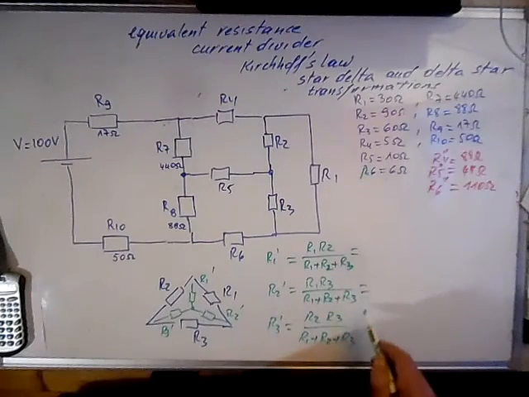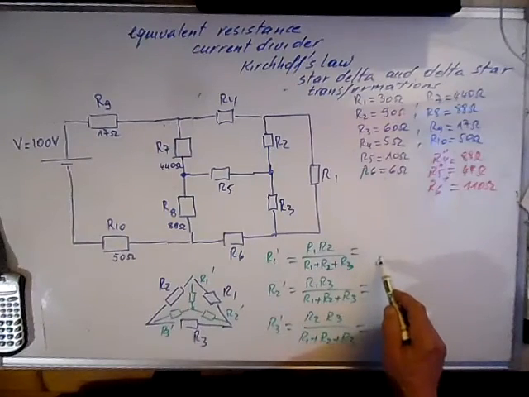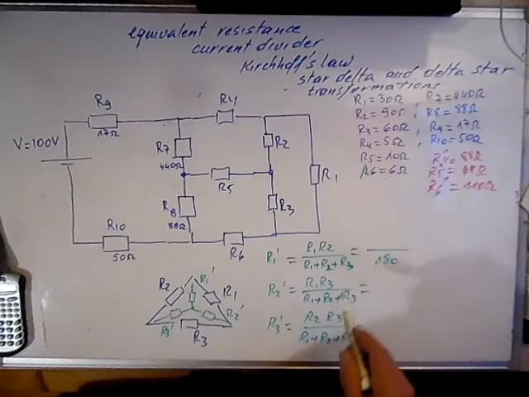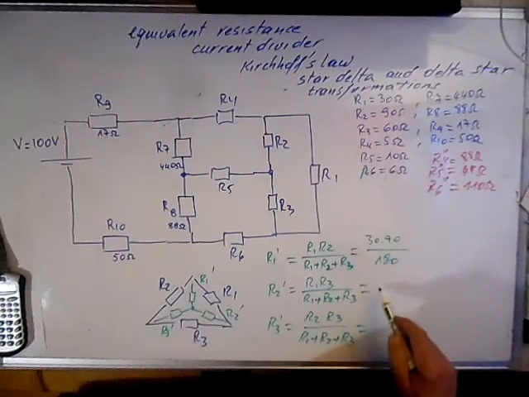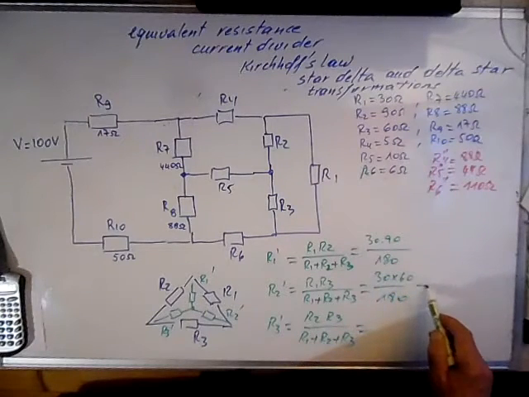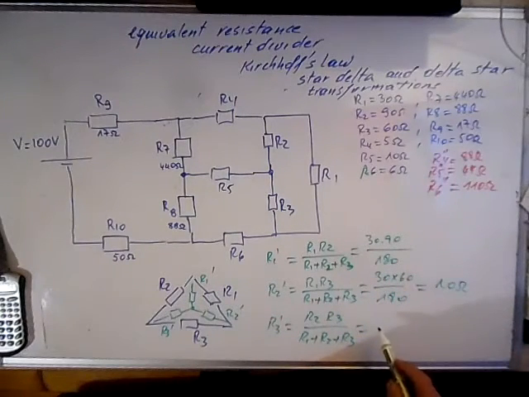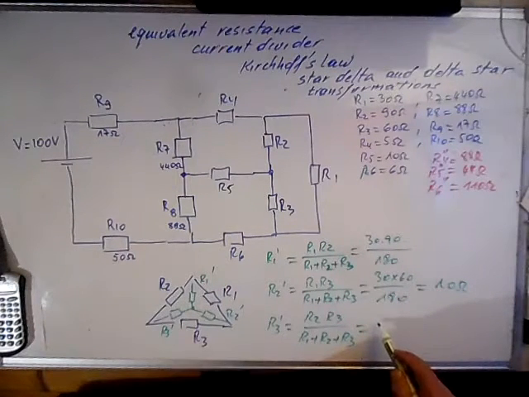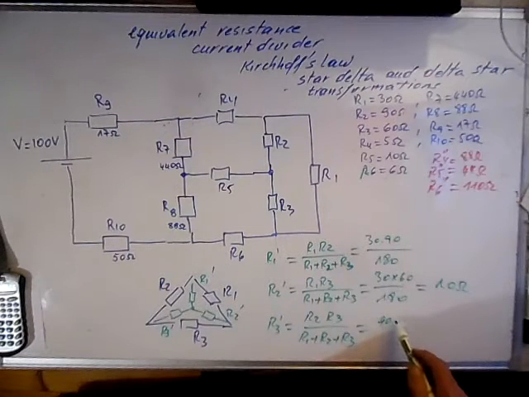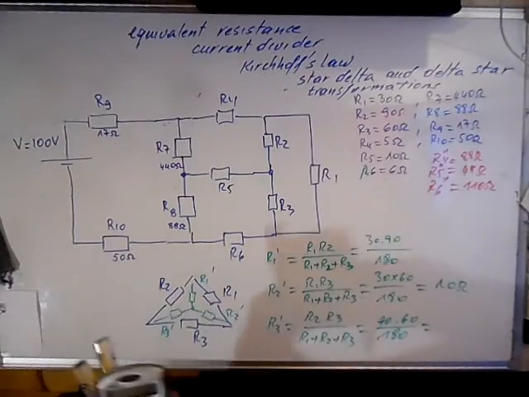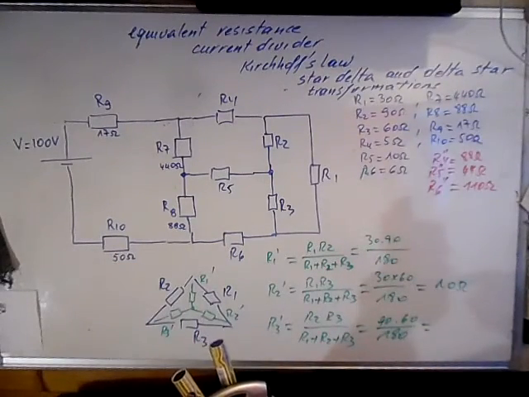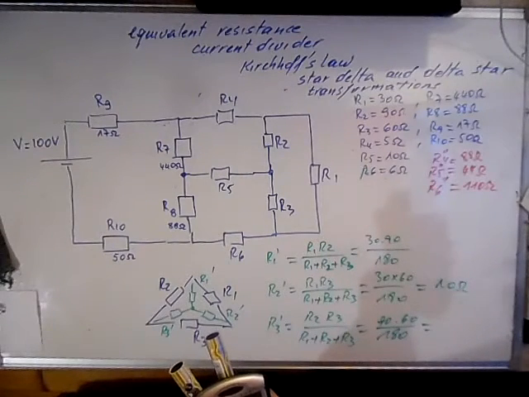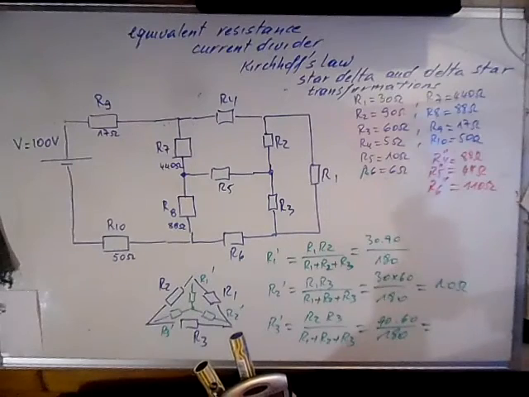The sum of the three is 180. R1 times R2, 30 times 90, R1 times R3, 30 times 60. This is 10 ohms, and here will be R2 R3, 90 times 60 divided by 180.